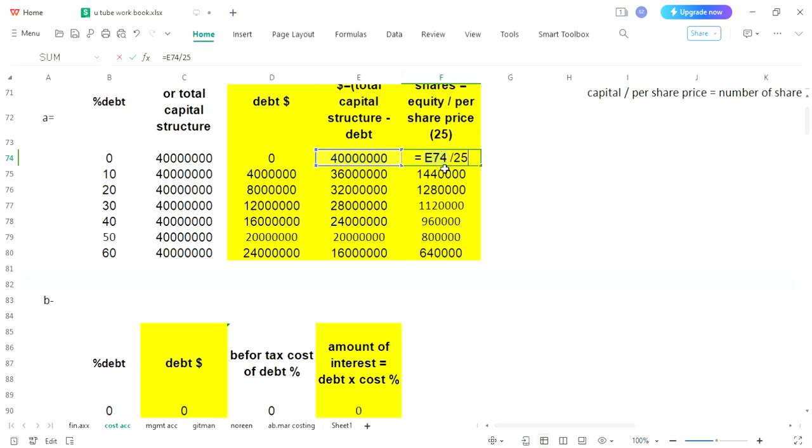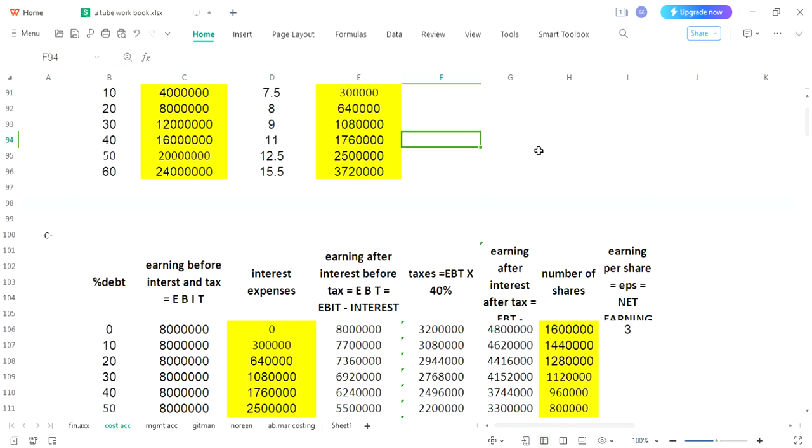Over here, this was your capital structure. 25 was given in your book. Total capital structure was divided by per unit price, and this was mentioned over here. You have got your number of shares, and these number of shares were taken as it is.